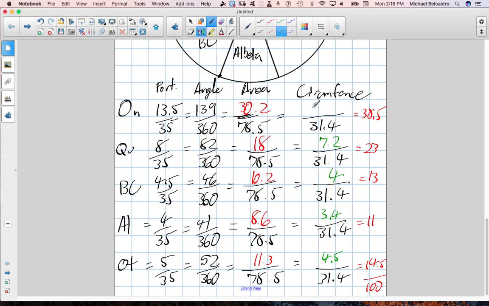So we just calculated the arc lengths now. The entire circumference is 31, so Ontario's arc length is 12 units, Quebec's is 7.2 units, BC's was 4 units, Alberta's was 3.4 units, and the rest of Canada's arc length was 4.5 units.